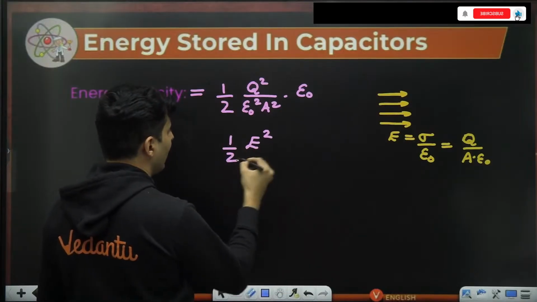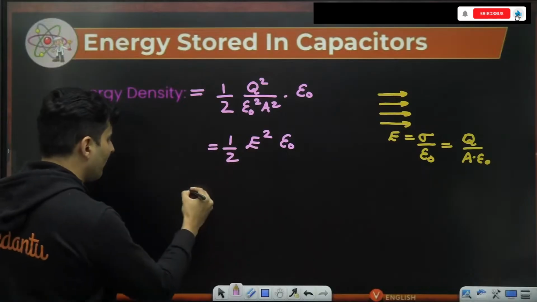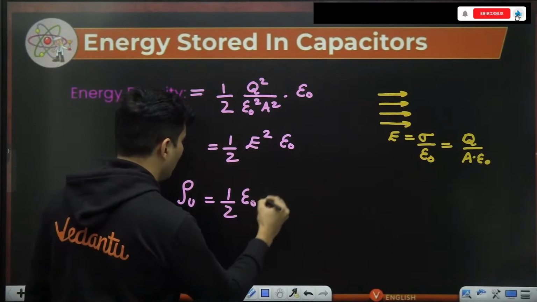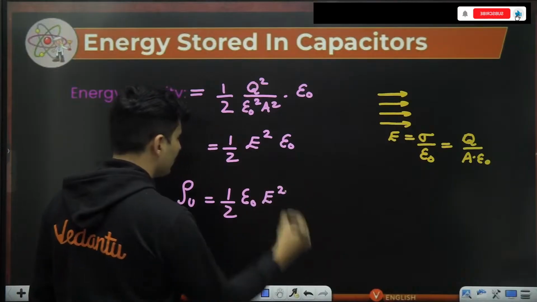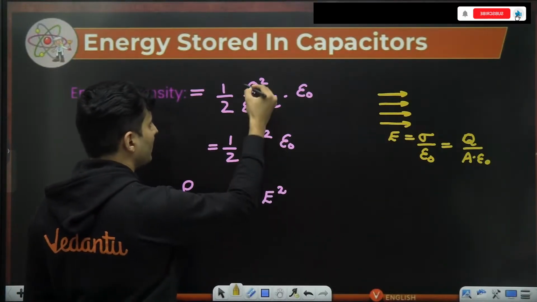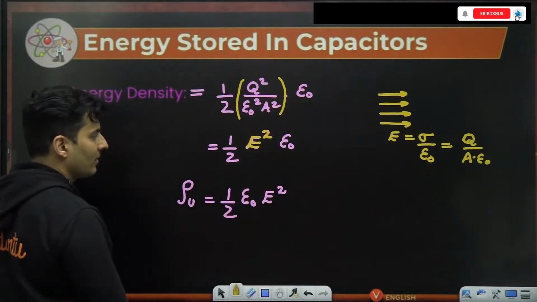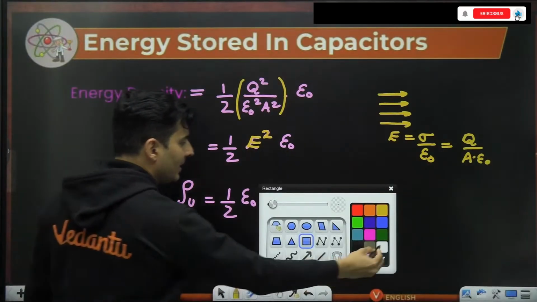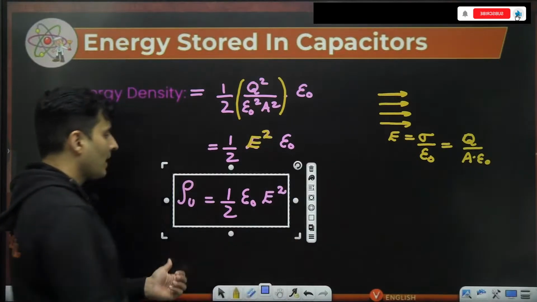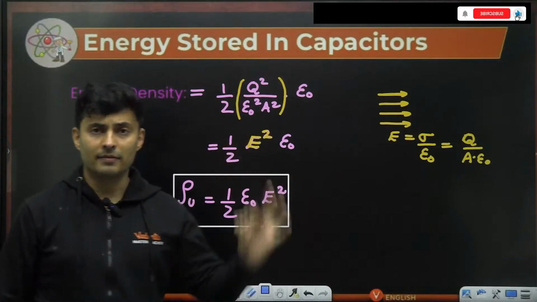And half is there absolutely as it is. So I've got my energy density formula. It is half epsilon naught electric field square. This entire thing is nothing but E square, if you notice carefully. So energy density is half epsilon naught E square, epsilon naught being permittivity, E being the electric field.